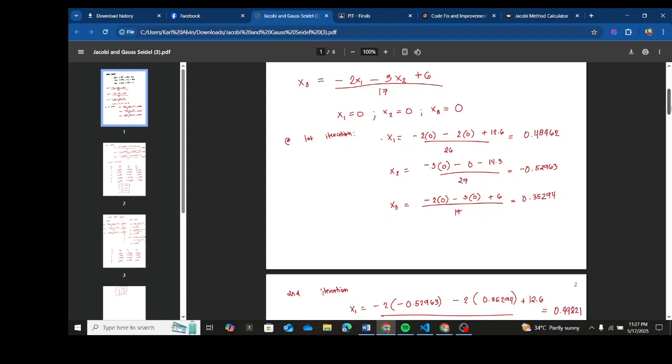At the first iteration, as you can see, we substitute the variable x in each equation with 0.